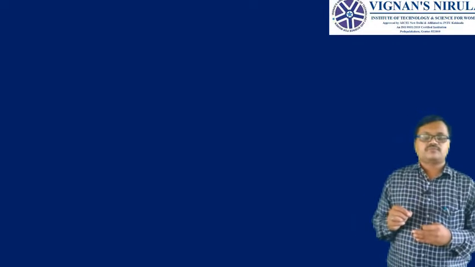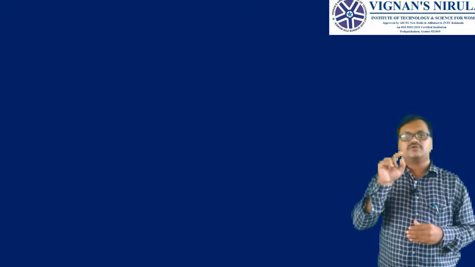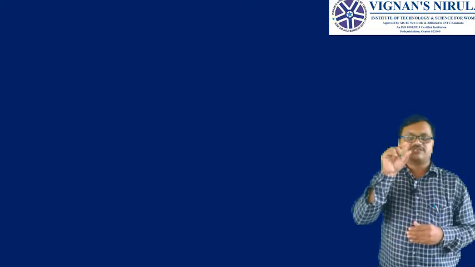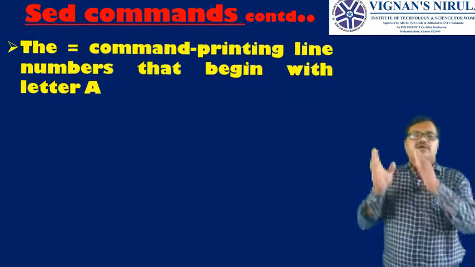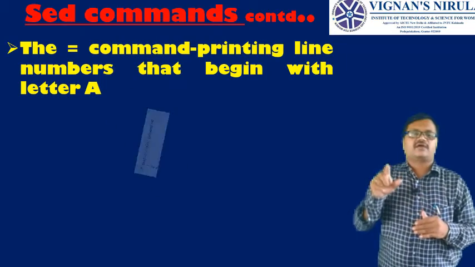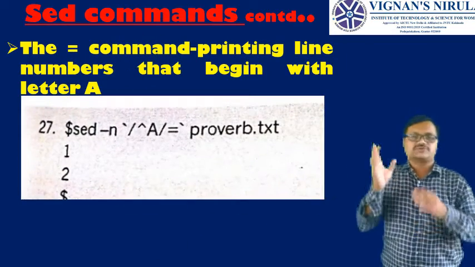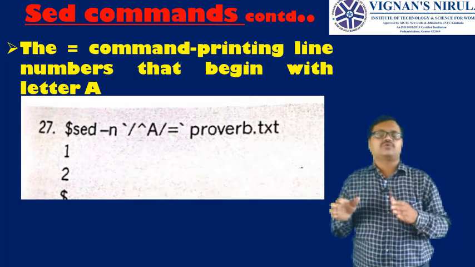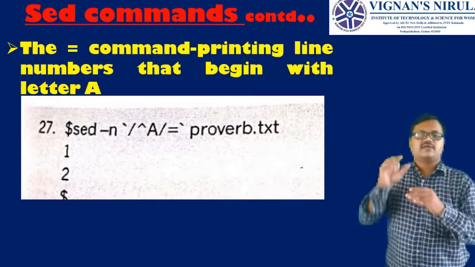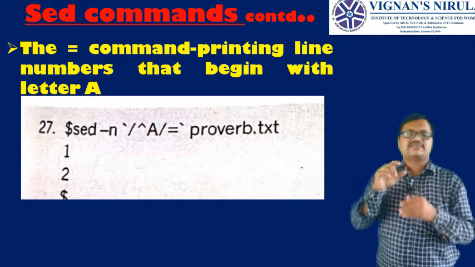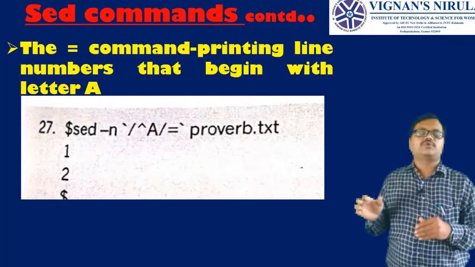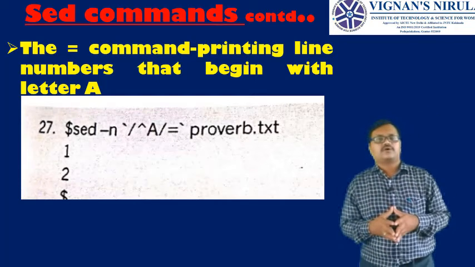Suppose you want to do a specific command. So how can you do that? Suppose you want to display the lines which begin with A. SCD -n single quote, 2 slashes, caret A, slash, equal to, space proweb.txt.